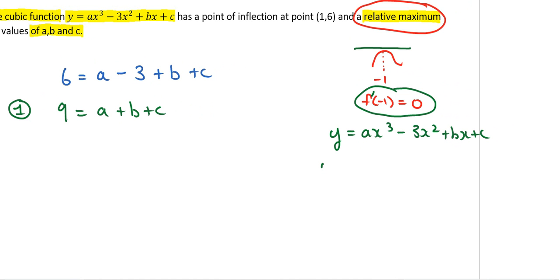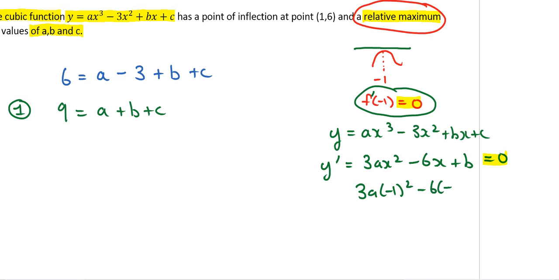If I take my derivative here, this is going to be 3ax squared minus 6x plus b, and I'm going to set that equal to 0. So this part right here is that part right there. Let's plug in -1 for all my x values. This is going to be 3a times (-1) squared minus 6 times -1 plus b equals 0.